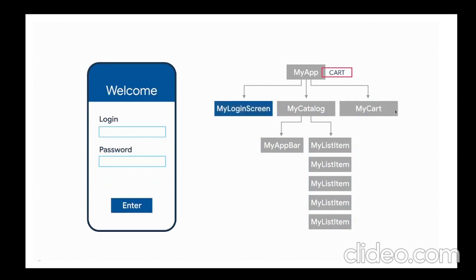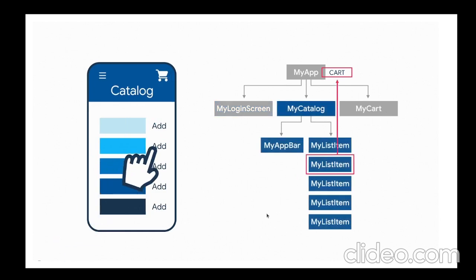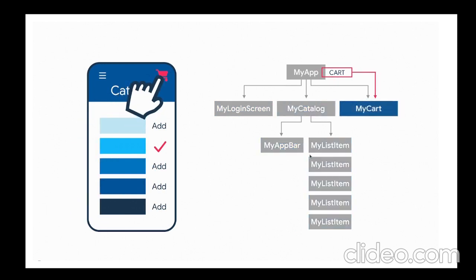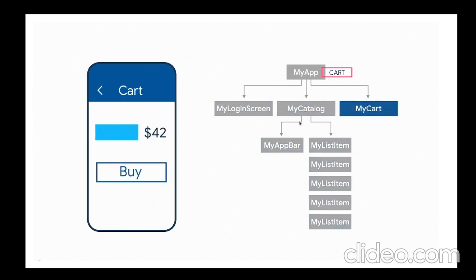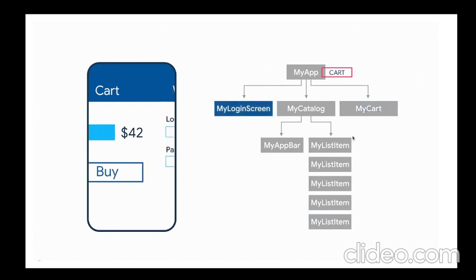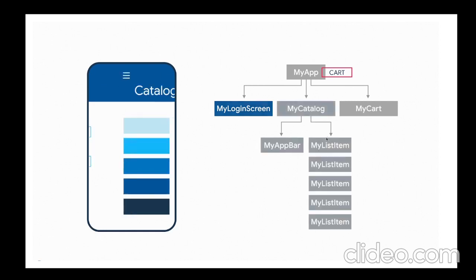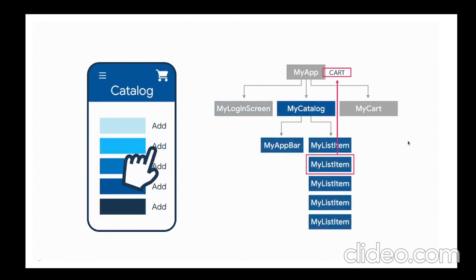Then you can view your cart and buy that product. So this is a very good example of how state management works. Once you add a product to your cart, it will use state management to get it added to your cart in your local application. Then from there you can go to your cart and directly shop for that product.